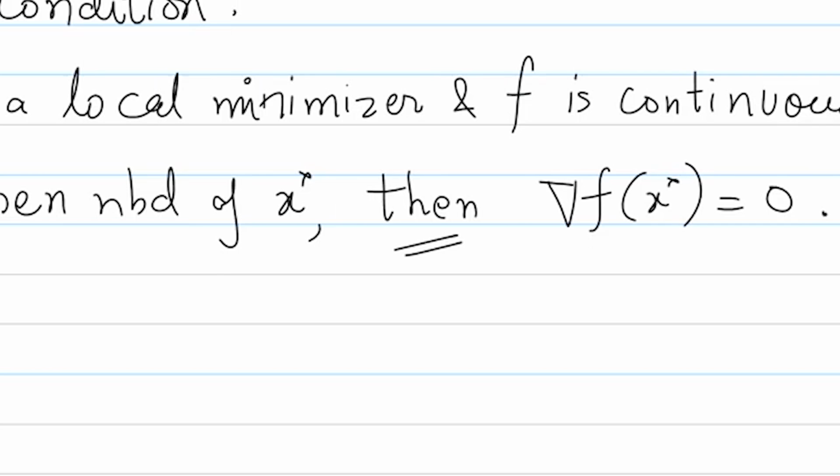Okay, so let me take a very quick example. Supposing I wrote my function f as a function that captured a chess game, and to win chess I have to minimize f. Can I use this theorem to identify a possible solution to a chess game?